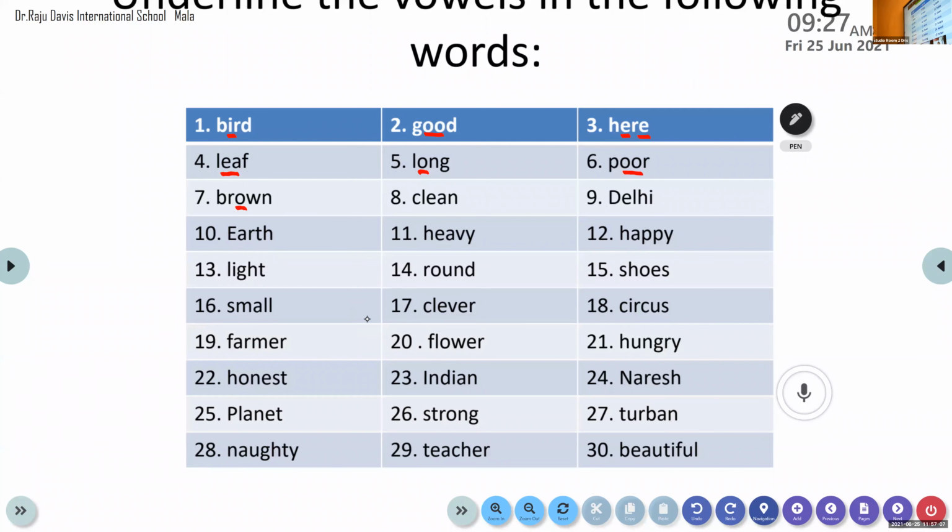What happened? Repeat the word once more. Clean. Okay. Now pick out the vowels in it. How many vowels are there? 2. What are they? E and A. Very good. Okay, Shankar. Very good.